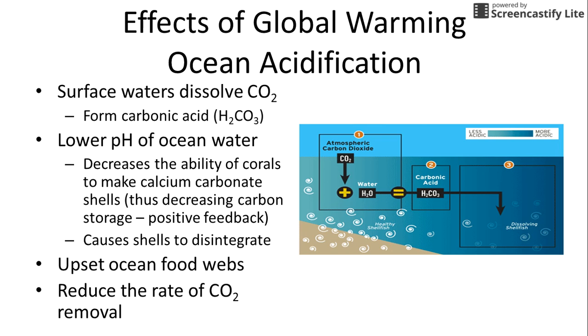And so remember, we've talked about before that those calcium carbonate shells are really important carbon sinks. Carbon sink being anything that takes in carbon and sequesters it or holds it in and keeps it out of the atmosphere. And so, right, this can actually upset ocean food webs and reduce the rate of carbon dioxide removal from the atmosphere.